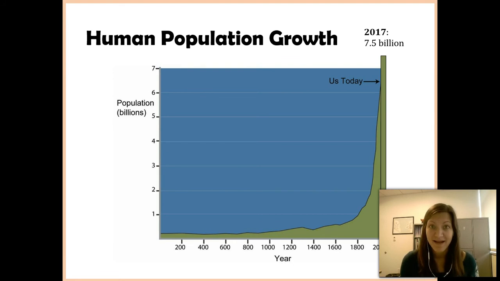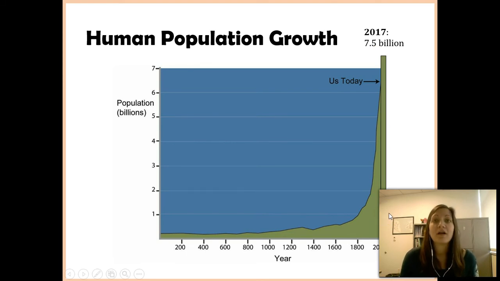Well, for some people, this is kind of scary, because looking at this graph, you see how big it's growing and how quickly it's growing. As of this year, actually as of this month, we had 7.5 billion people on Earth. 7.5 billion people, whereas in 1800, we hadn't even hit 1 billion yet.